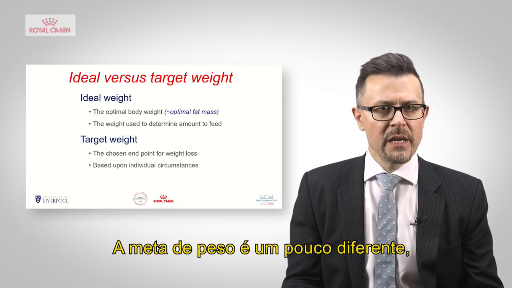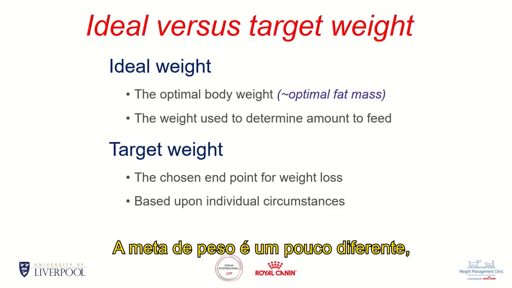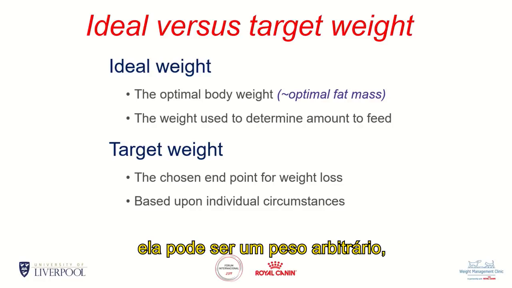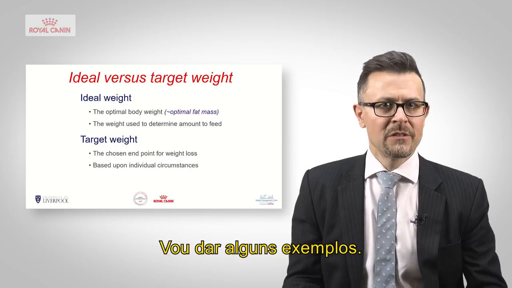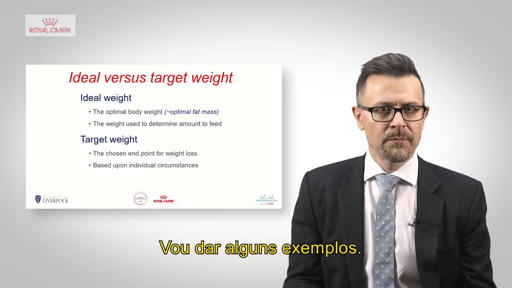The target weight is slightly different. This can be an arbitrary weight which we're going to set as the end point for weight loss in that patient. So just to give you a couple of examples.